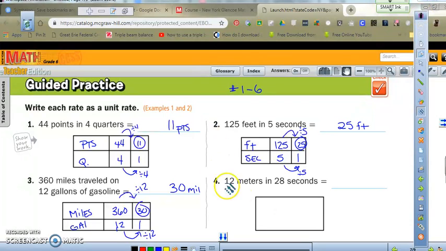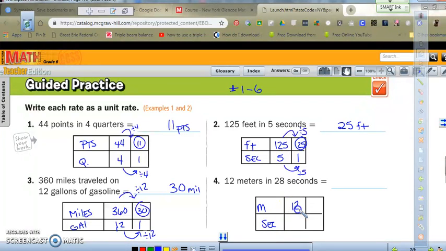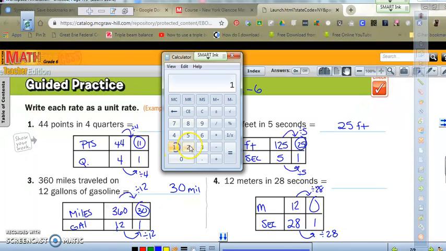And this last one in the top section. We're talking about meters and seconds. 12 meters in 28 seconds. I want it for 1 second. So again, we're going to divide by 28. That's okay. We will get a decimal, not a problem. 12 divided by 28.